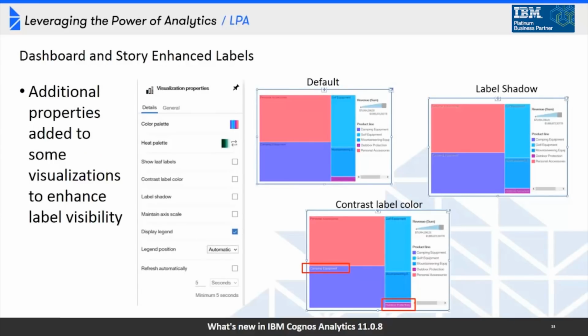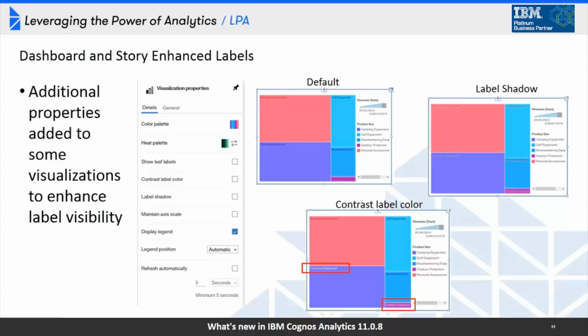When you create visualizations in a dashboard, and some of these properties have also been added to visualizations in a report, by the way, so it's not just a dashboard enhancement, you sometimes find that the labels and the palette of the visualization don't work well together.